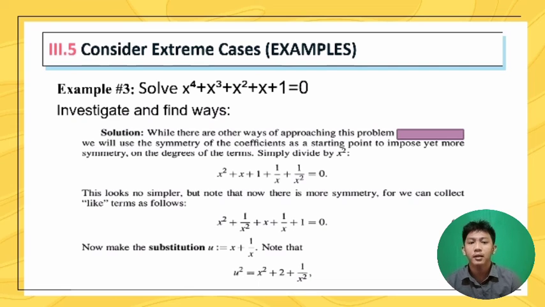Now we make the substitution u is equal to x plus 1 over x. Note that u squared is equal to x squared plus 2 plus 1 over x squared.